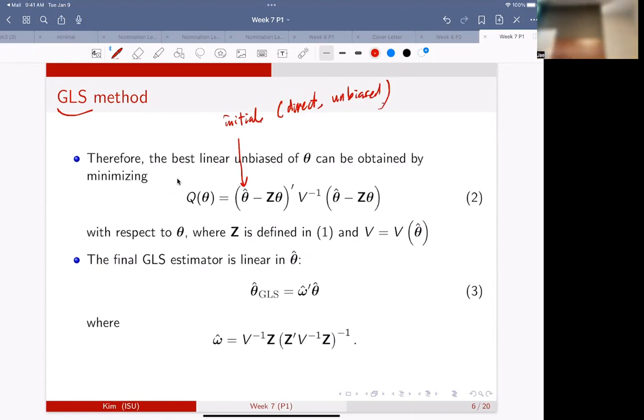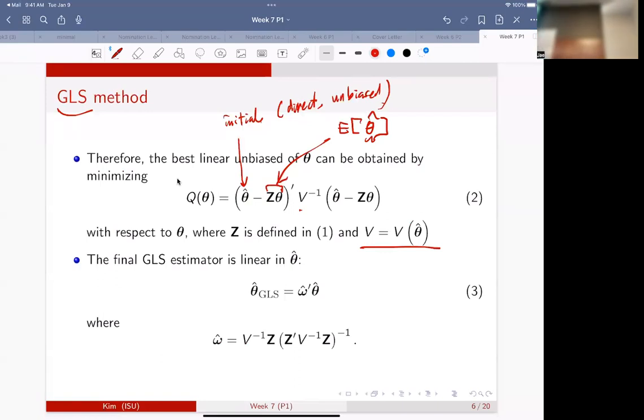And then I need to identify the mean structure. The mean structure is nothing but the design expectation of theta hat, and that turns out to be a linear function of the parameter of interest. And V is the variance covariance matrix of the theta hat.